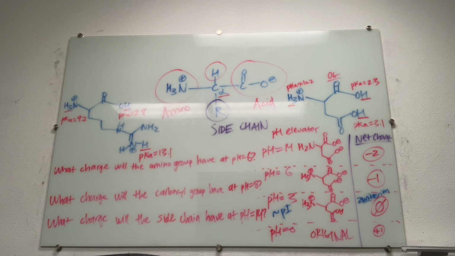It can't do its job as an acid because it's higher than the environment. Or you can think of it as the environment protonating the group, and this is its protonated form. So if it asks for the R group or the side chain, the answer would be a positive charge. So we have to read the question carefully to see what it's asking for. But this is asking for the carboxyl group, which is going to be -1.